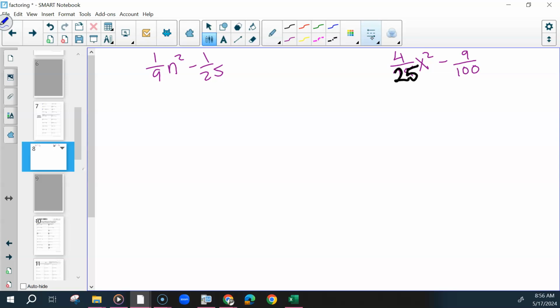Problem like this, it's two terms, they don't have anything in common, it's not GCF, but I can use difference of squares here.